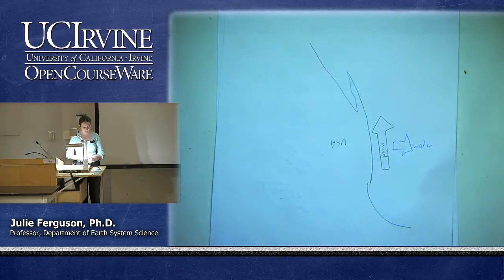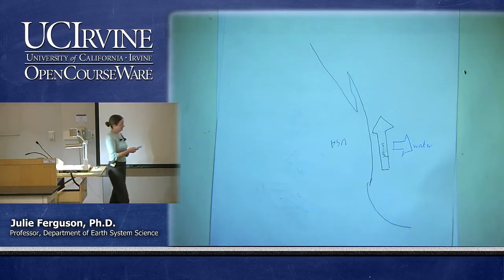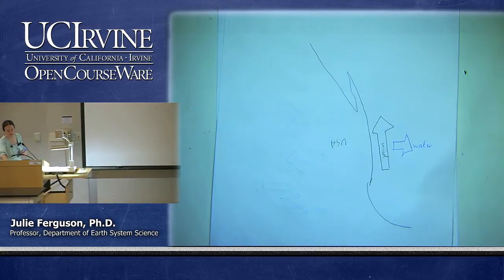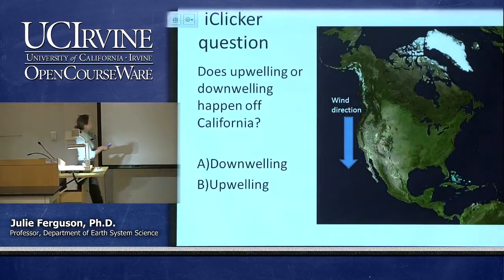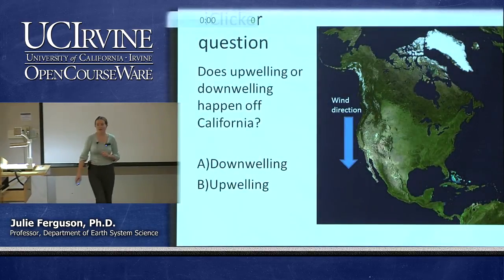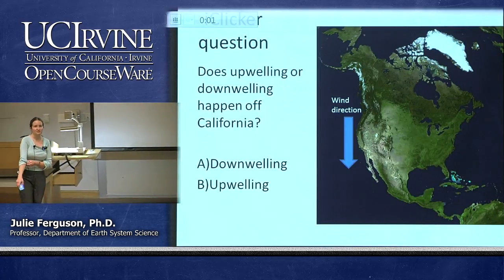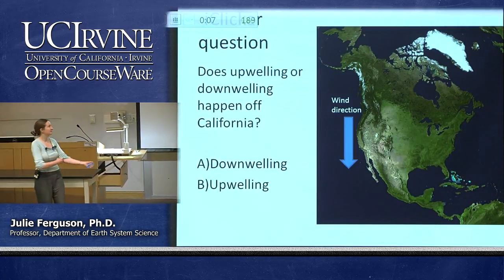Okay? So now, let's go back. And I'm going to ask you the question again. Should be nice and quick this time. So, is upwelling or downwelling happening off California? So we'll double check where people are getting lost.